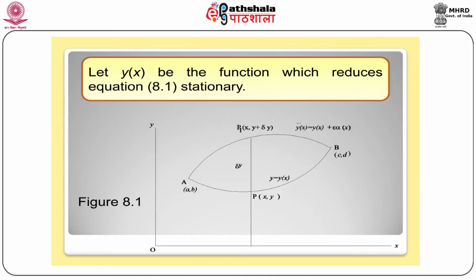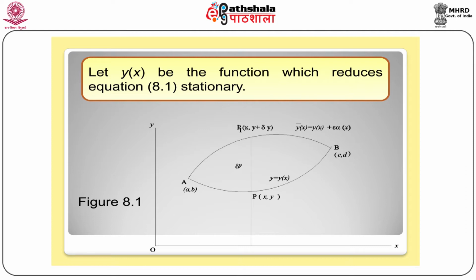From figure 8.1, you can find that there are two curves. This is the lower curve and this is the upper curve. The lower curve is given by y equal to y of x, whereas the upper curve is given by y bar of x equal to y of x plus epsilon alpha x. Both the curves meet at the points capital A and capital B.